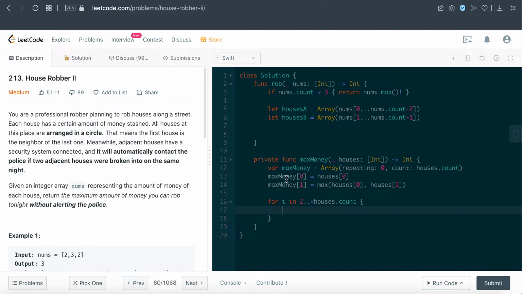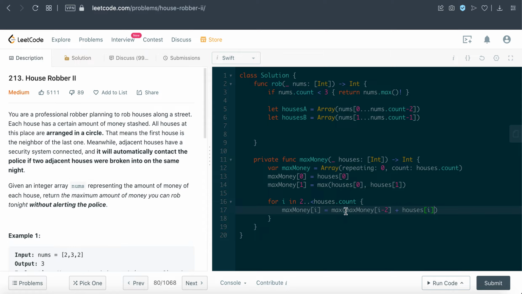And then here we're just going to build the max money, essentially the same formula as the first video. So max money of, sorry, keep forgetting today, max money, and then here what we're going to do is calculate max money of I minus 2 plus houses I, right?